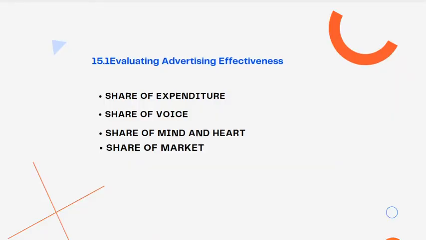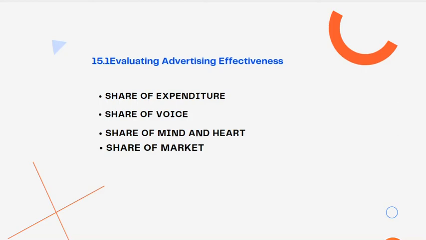Most advertisers try to measure the communication effect of an ad, its potential impact on awareness, knowledge, or preference. They would also like to measure its sales effect.